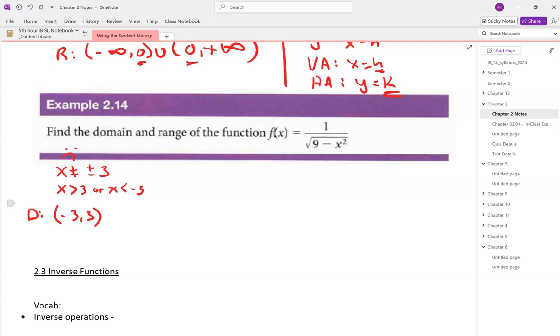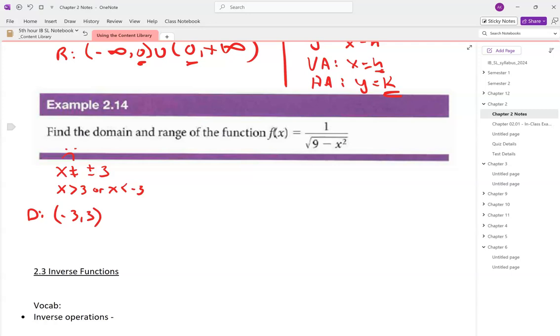So let's think about it this way. What's the biggest number that can come out of the square root? Well, square root of 9, so 3, right?